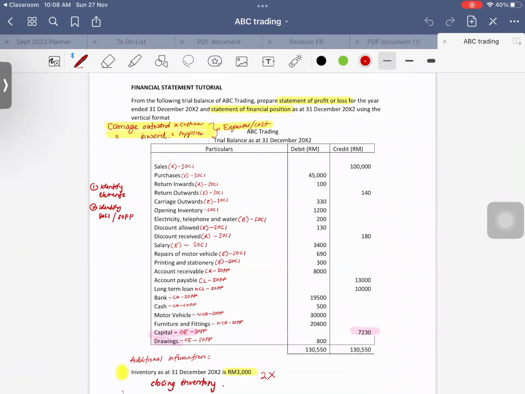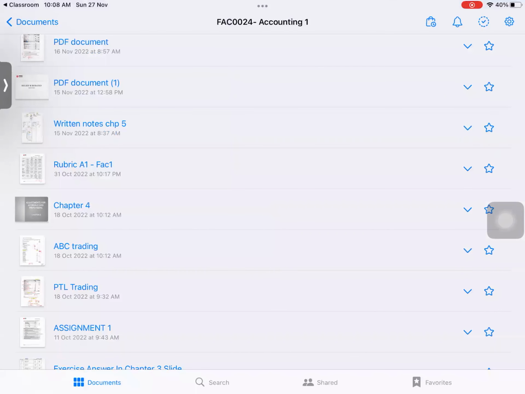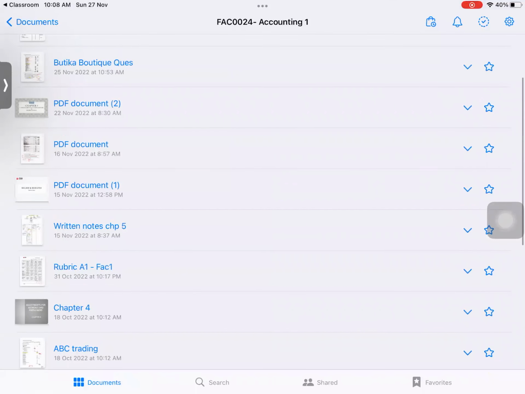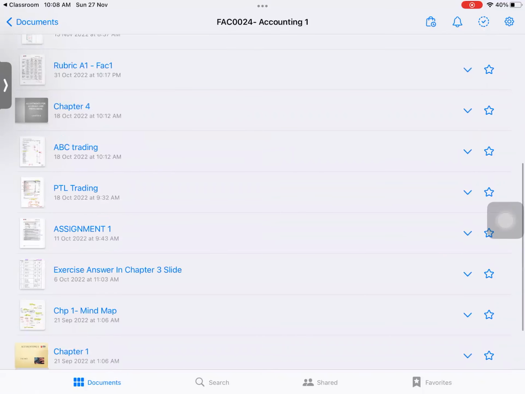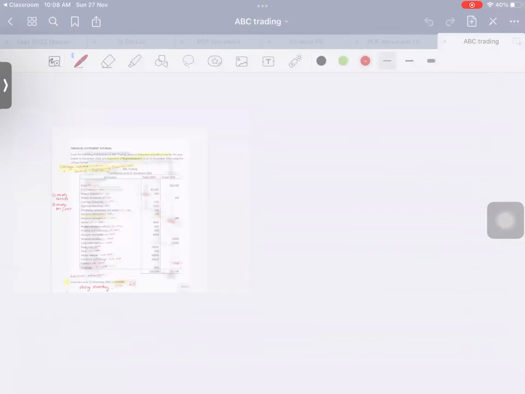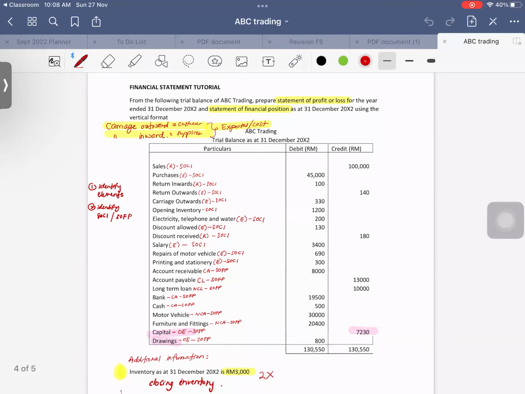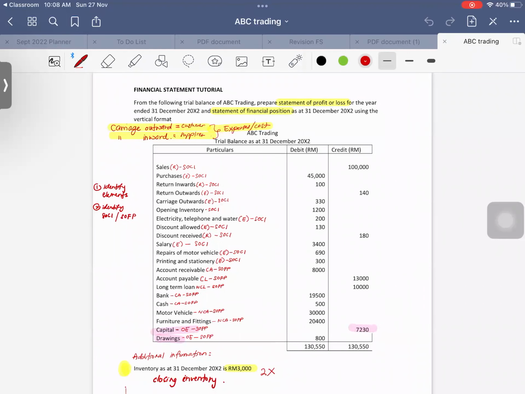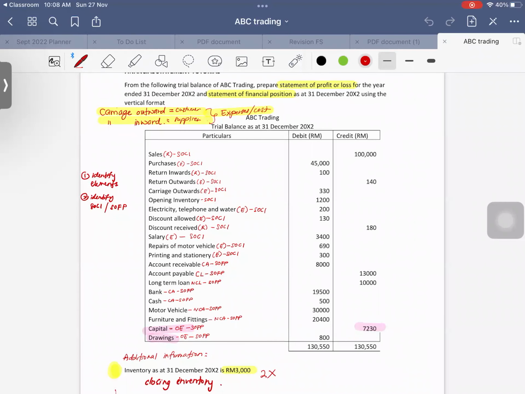I dah identify kan, so bolehlah skip on identifying part, sebab itu just identify, tak payah ambil masa sangat. So boleh terus buat SOCI. Kita buat laju-laju.